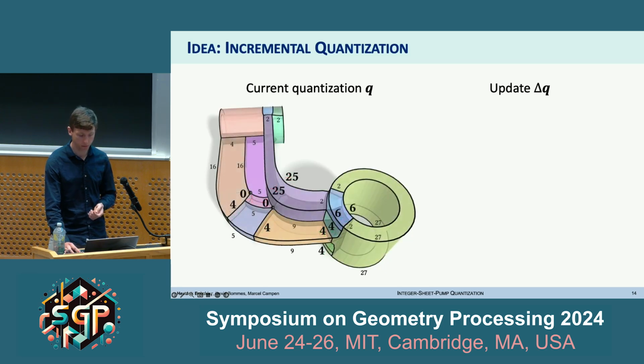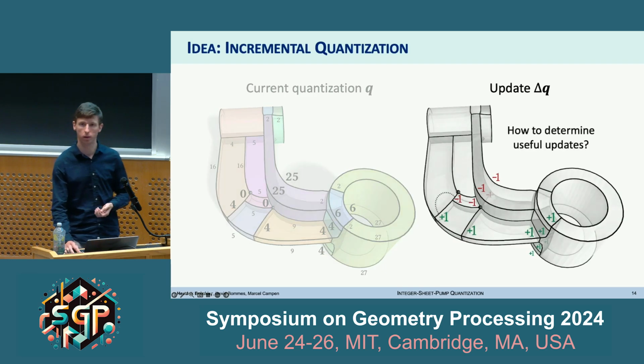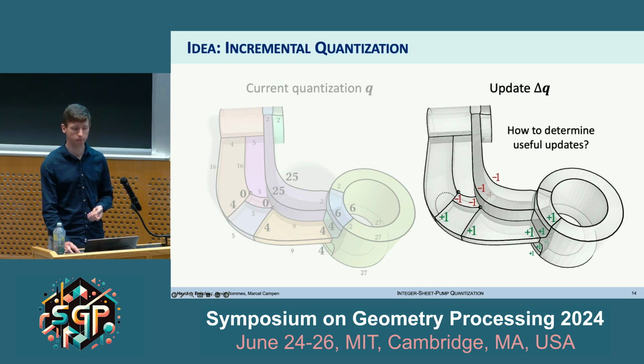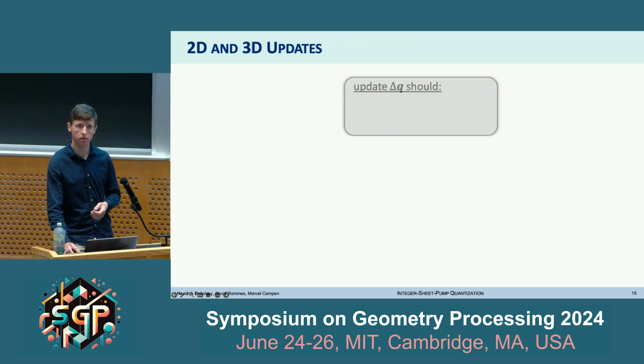The question then is, of course, how can we determine useful integer sheets? Some effort is needed to guarantee that they are feasible, but above all, they need to be good and flexible updates, so ones that can push us towards optimality as straight and as reliably as possible. So first, the updates should preserve consistency of the quantization, which we've seen before.